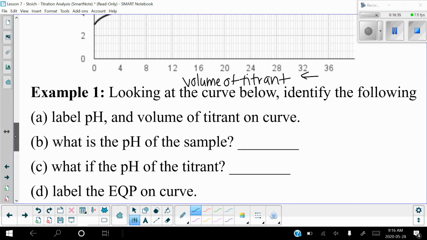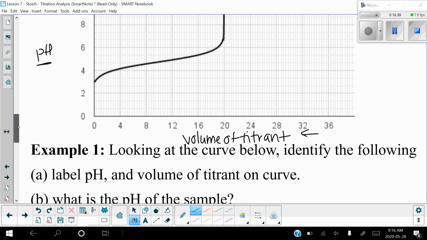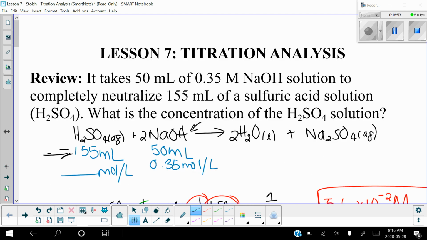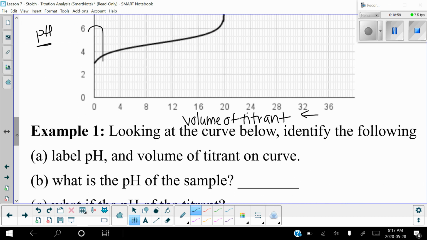What is the pH of the sample? So remember, sample in the flask, currently before anything is measured, the pH is going to be the starting point of the curve. So I see here that my sample has a pH of about 3.